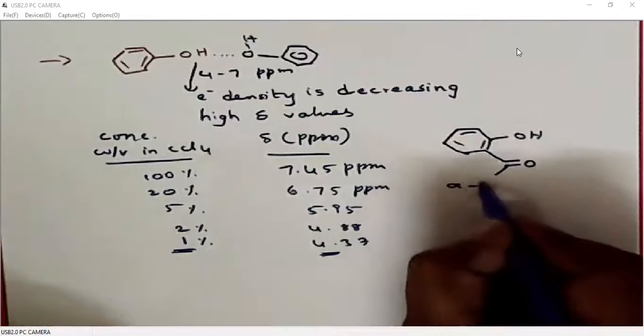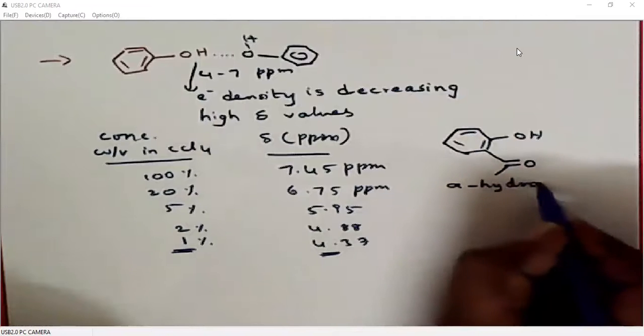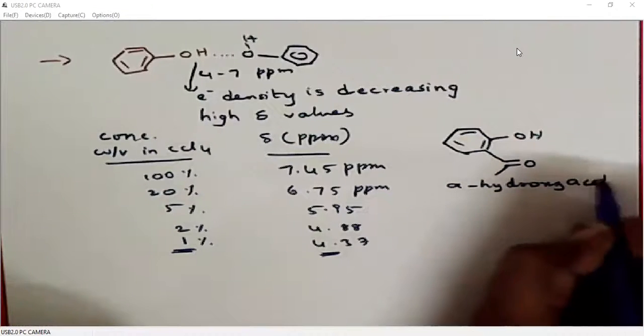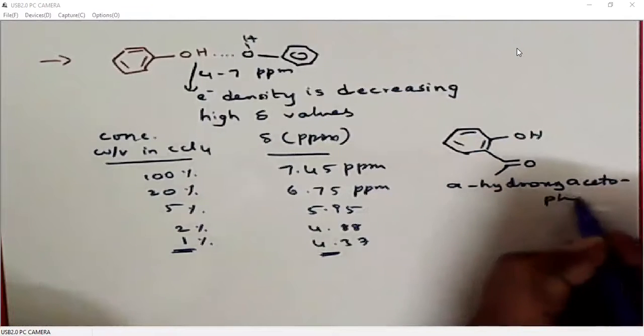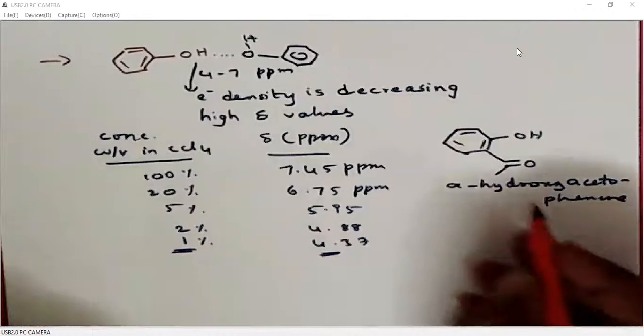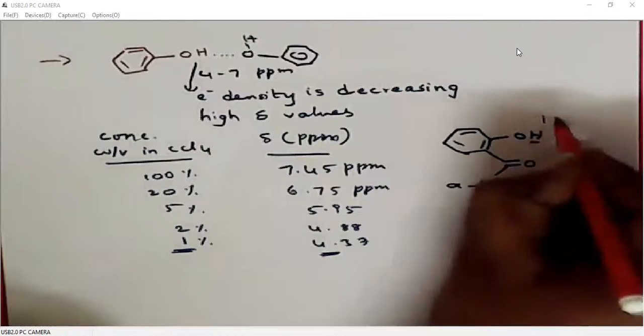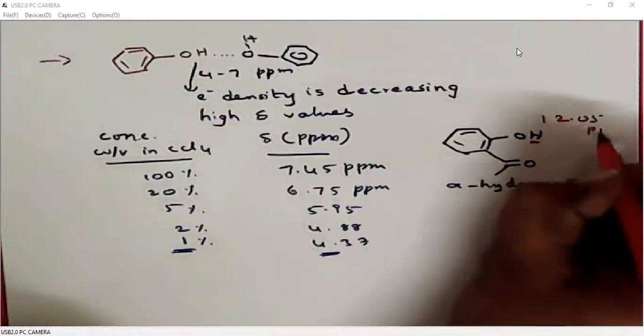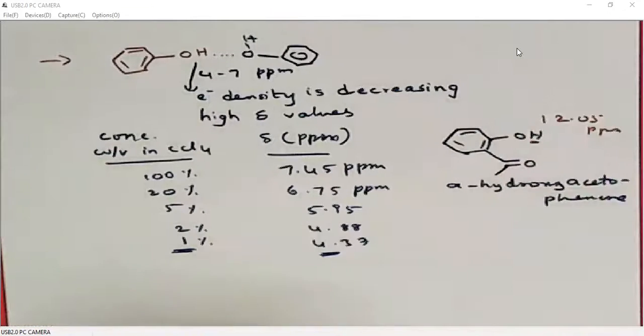When we take alpha hydroxyacetophenone, the proton delta value is 12.05 ppm.